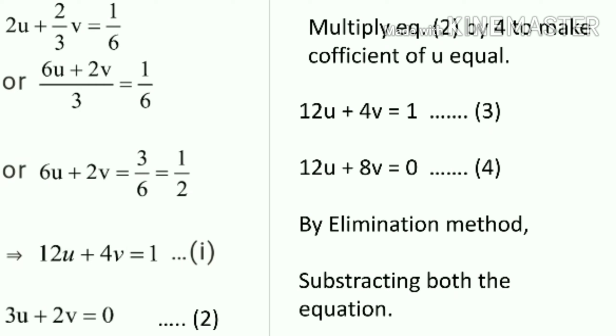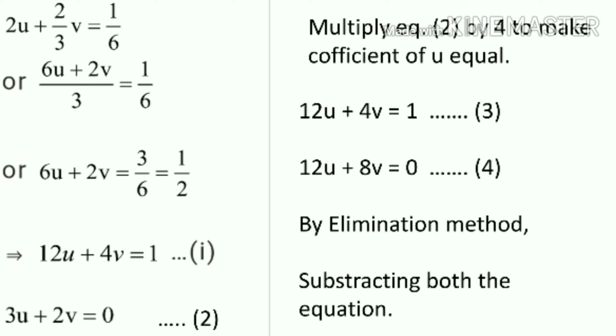So we have three algebraic methods to solve these equations: substitution method, elimination method, and cross multiplication method. We can use any one. So what we are doing, we are multiplying equation 2 by 4. Why? Because we are going to eliminate one term.